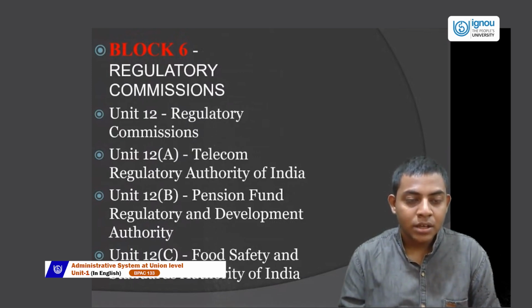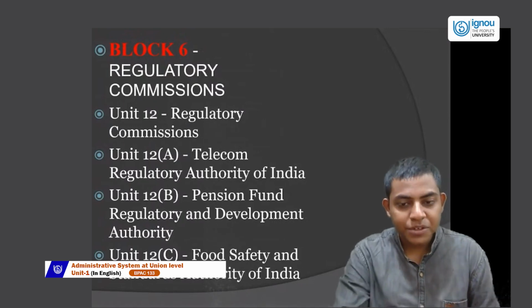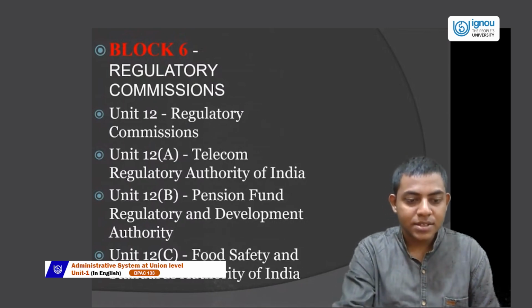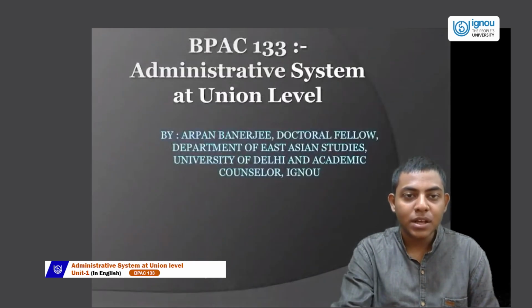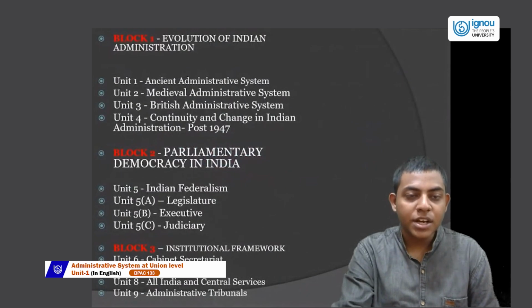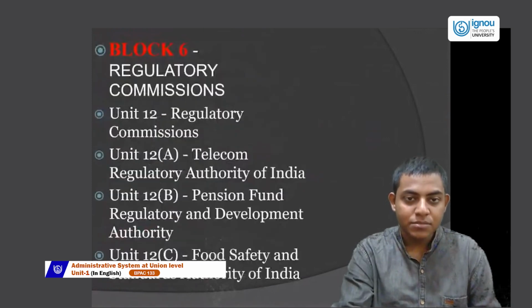So these 3 would be the regulatory commissions that we are going to study. And this is the final unit of this paper, Block 6. But today we are going to start with Unit 1, related to the ancient administrative system. After that, we are going to discuss the medieval and British administrative systems. So let us begin.